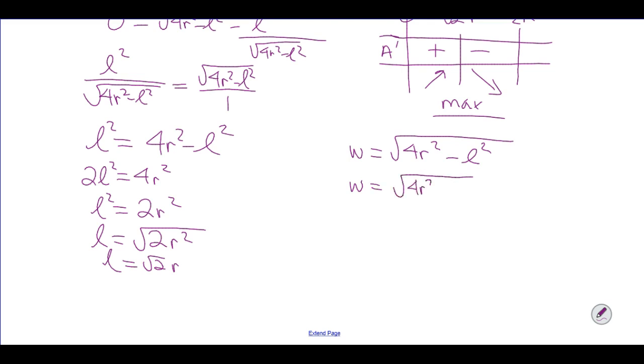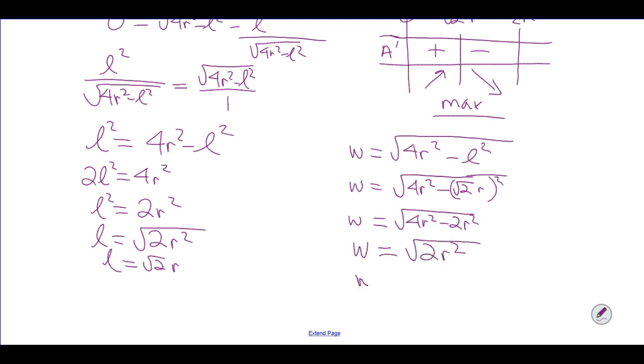So it's the root of 4r squared minus root 2r quantity squared, which is the root of 4r squared minus 2r squared. The root of 2r squared is root 2r, leading us to the shocking discovery that this rectangle is really a square.